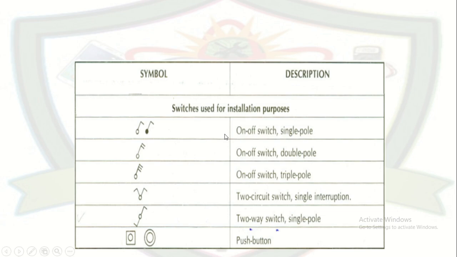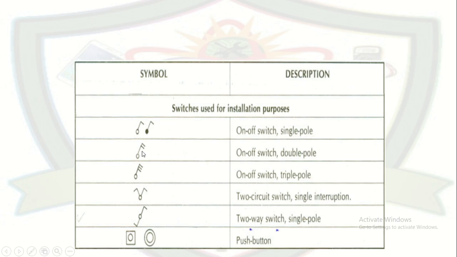Okay, on-off switch. This is on-off switch, single pole. This is on-off switch, double pole. This we call on-off switch, triple pole. This means a normal switch controls just one position, one lamp or different kinds of lamp.